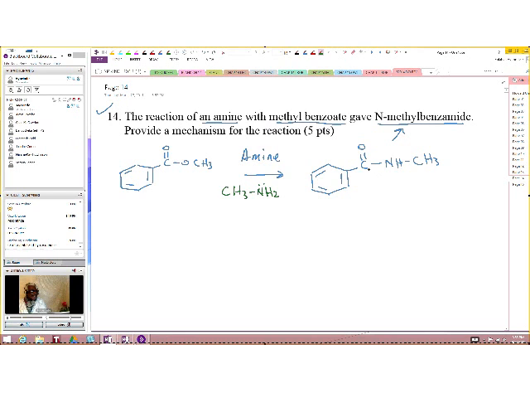Now they say provide a reaction mechanism. We should be able to do this. This will be an example of a nucleophilic acyl substitution reaction.